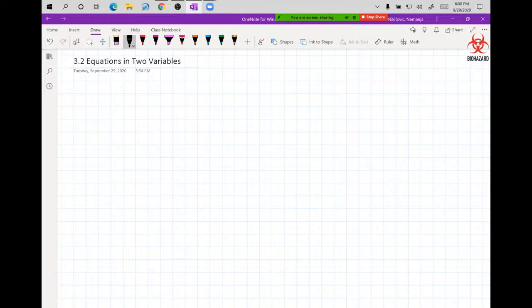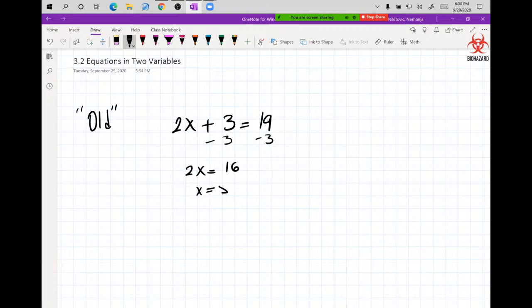Now let's go and talk about equations in two variables. So we know that the variable x was something that we used to compute earlier in those equations. Every equation from before had only one variable, and you can solve the equation for that variable to come up with the answer, in this case x equals 8.